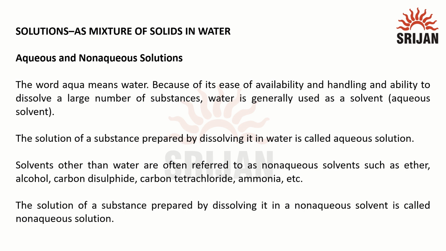Now coming to the main types of solution, we have aqueous and non-aqueous solutions. Aqua means water. Because of its ease of availability and handling and its ability to dissolve a large number of substances, water is generally termed the aqueous solvent. A solution of a substance prepared by dissolving it in water is known as an aqueous solution.